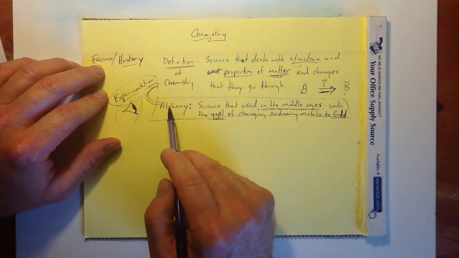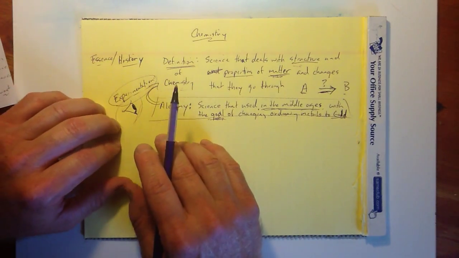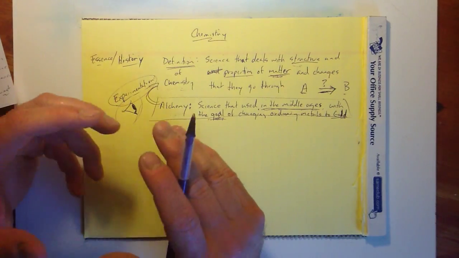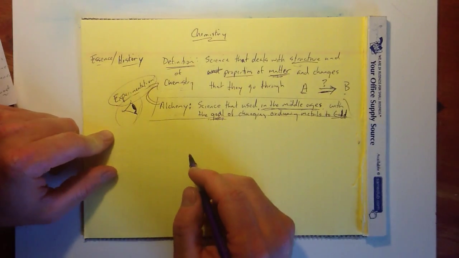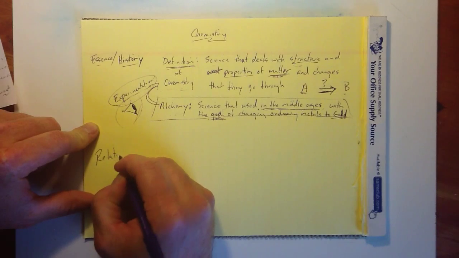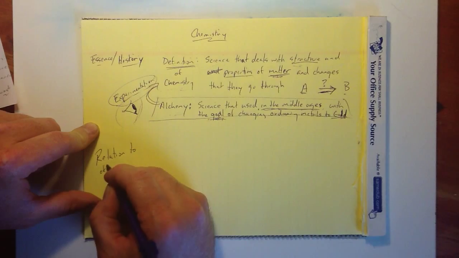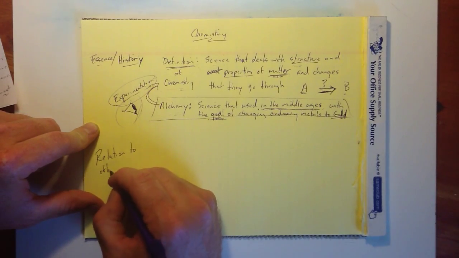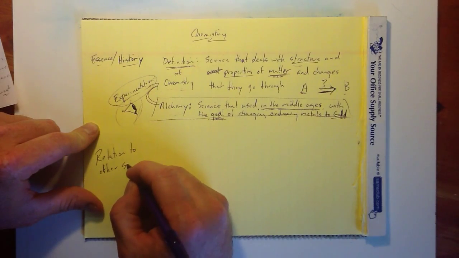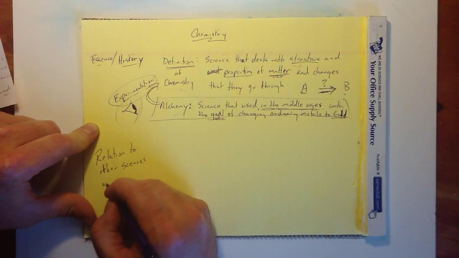The big change between alchemy and chemistry was the focus on looking at the world or nature intently and collecting data that would shape the ideas about the world around us. I want to look at one other thing as we close this brief introduction: the relationship of chemistry to other sciences and technology.